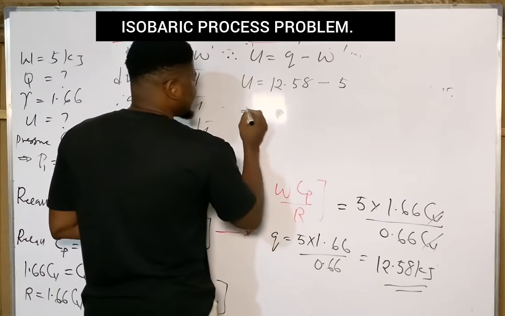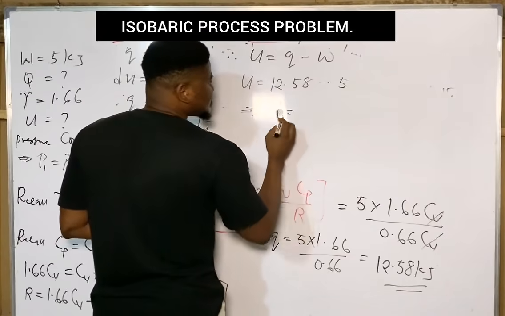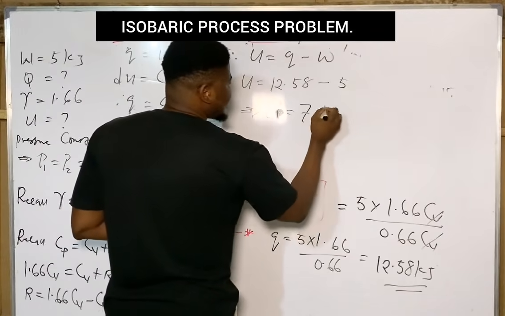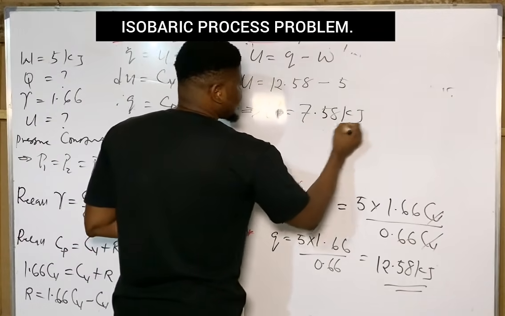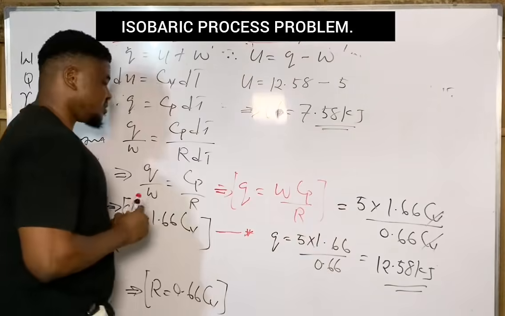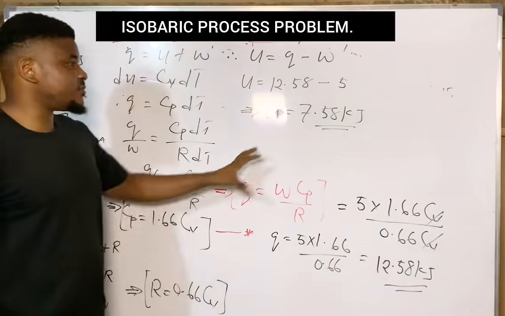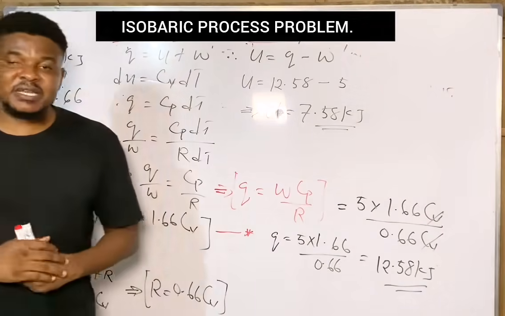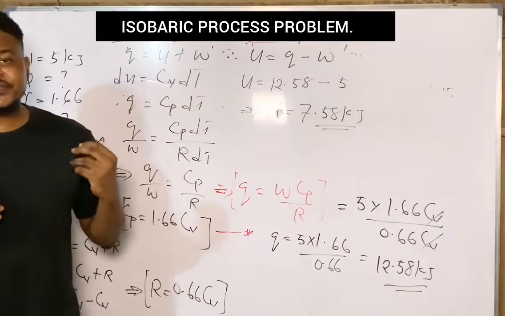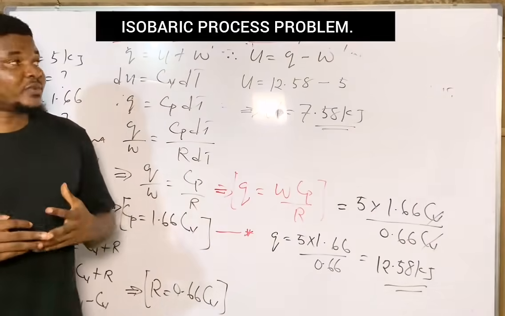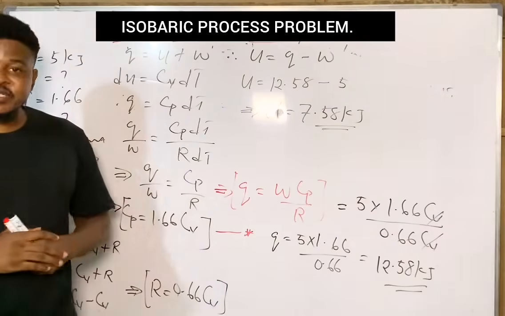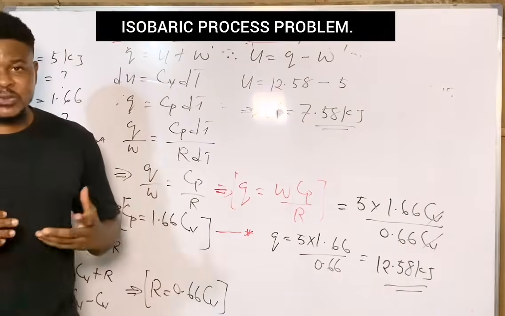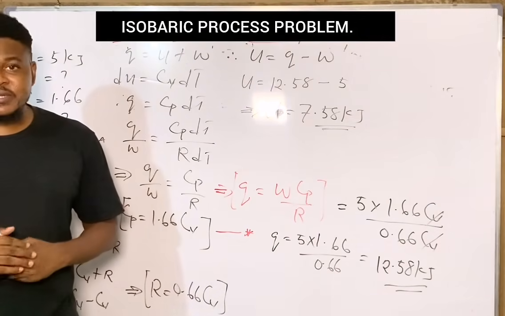This simply implies that the internal energy is going to be about 7.58 kilojoules. So you have 7.58 kilojoules for the internal energy. So guys, that's how to apply the equations for the isobaric process to solve problems. I will see you in the next video. Thank you.